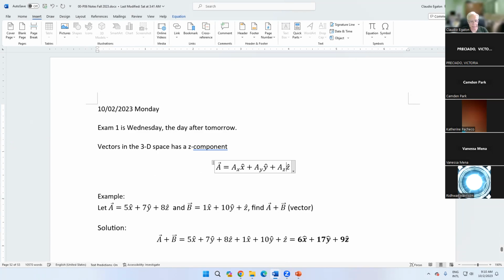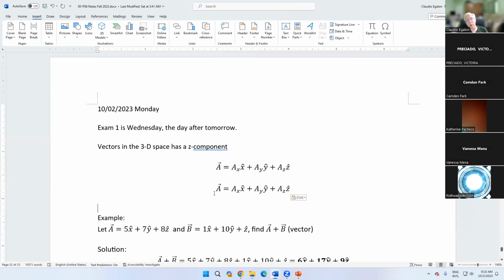That's what we're doing with numbers. These scalars AX, AY, AZ can be either positive or negative, depending on which direction those components are pointing, right? If the components are pointing in the negative X direction, negative Y direction, and so on, they would be negative.